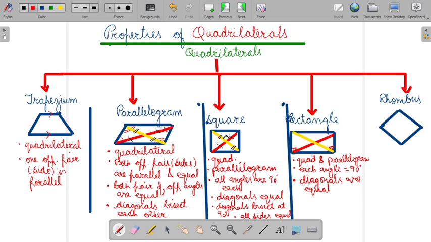And we have already talked about the diagonals bisect each other, opposite angles are equal, and opposite sides are equal and parallel. Okay, so all the properties of a parallelogram will carry in rectangle.